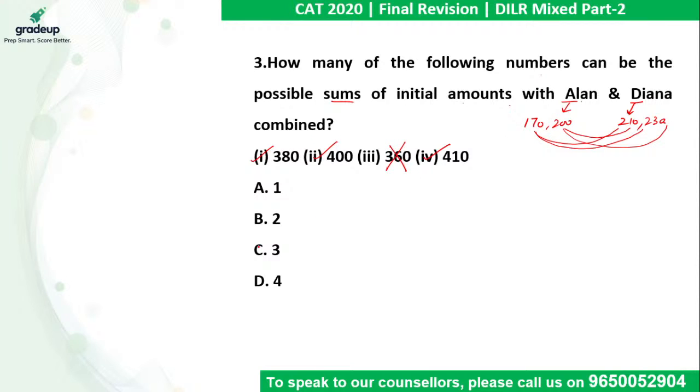So out of these, there are three sums which are possible that were with A and D initially. Right, Vignesh? So guys, please check it out. I hope it is clear. Once the initial effort is done, all the questions can be answered very quickly.